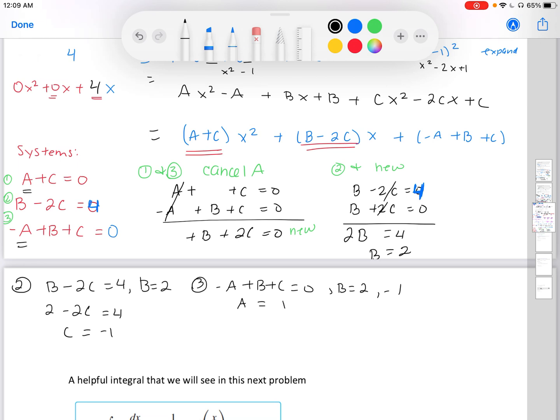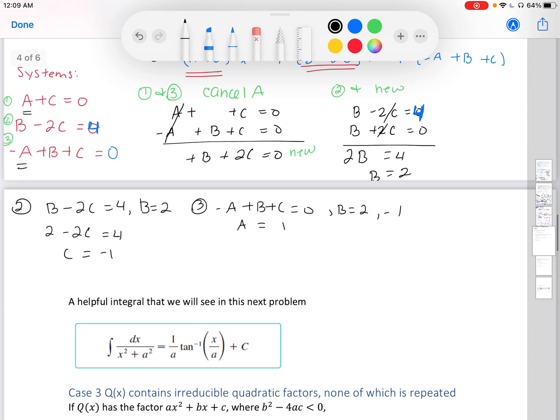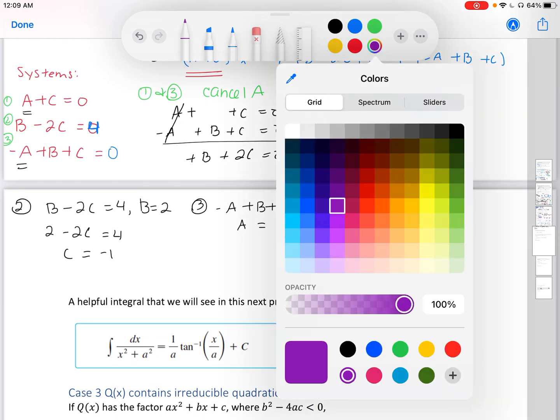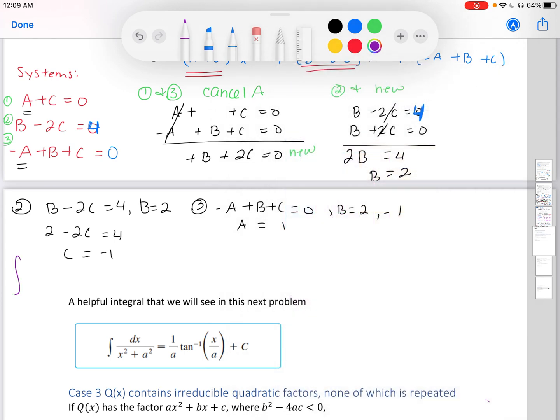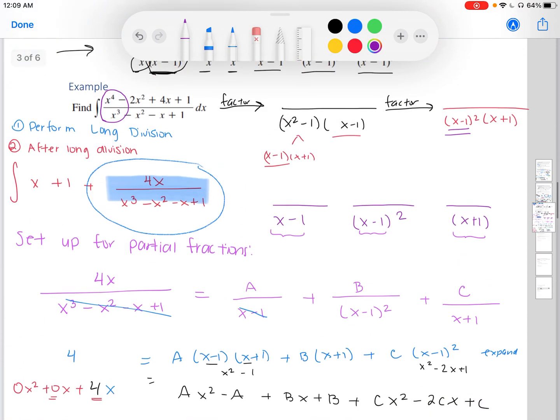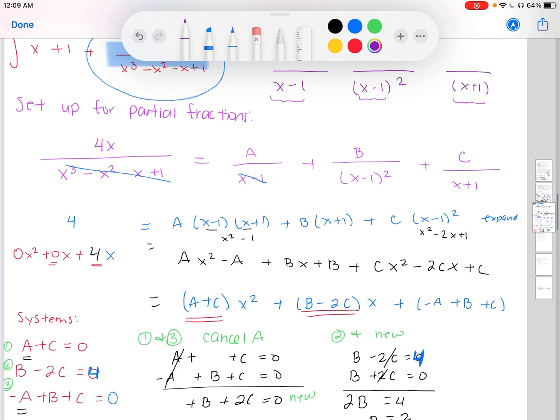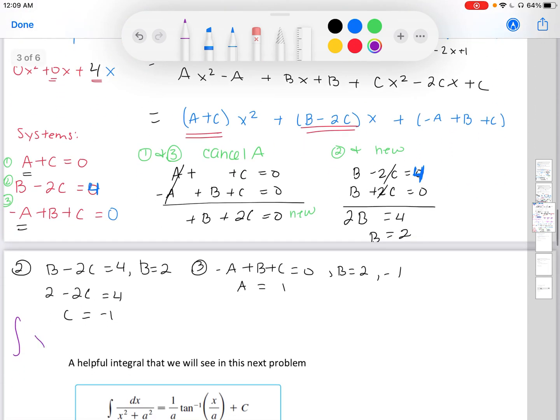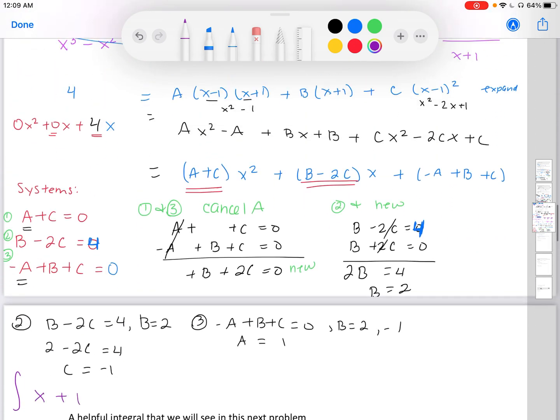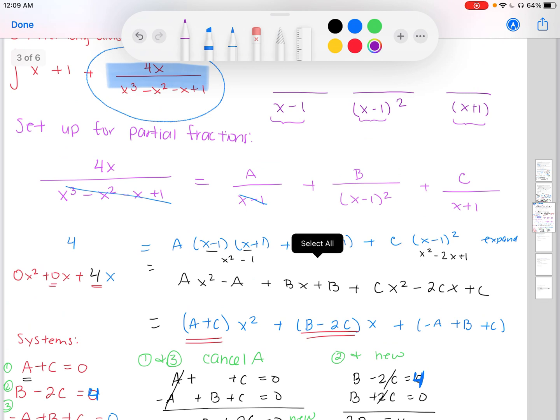Okay, let's go ahead and rewrite our integration problem. So we are integrating, what do we have? We have x plus 1 and then our new equation. We said that a is going to be 1, b is going to be 2, and c is negative 1.